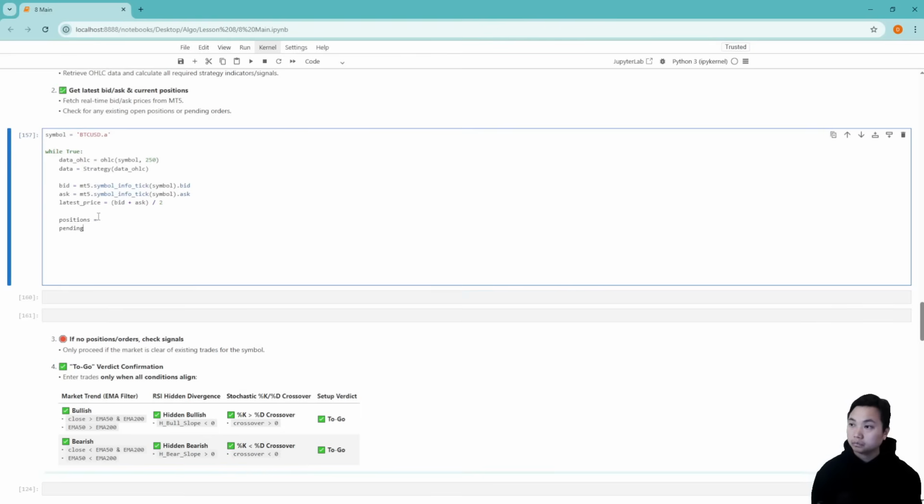The first function is mt5.positions_get, with symbol equals symbol. This is only one parameter. And then the second one is mt5.orders_get. We would like to see whether or not there is any pending order. Again, just one parameter, symbol.